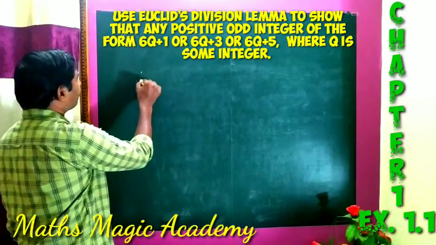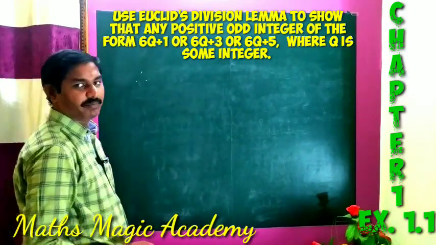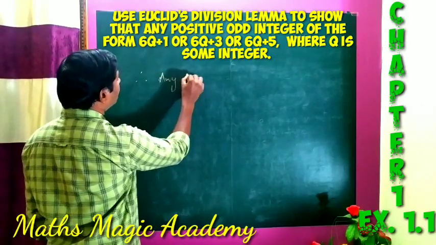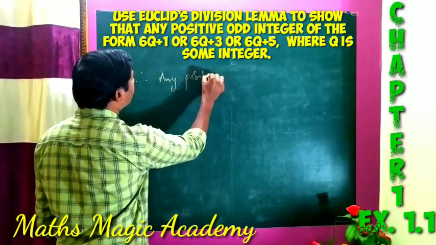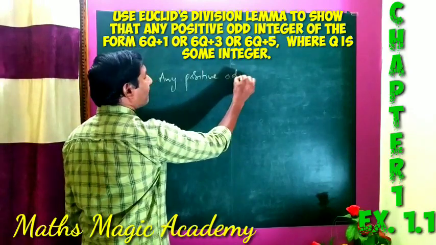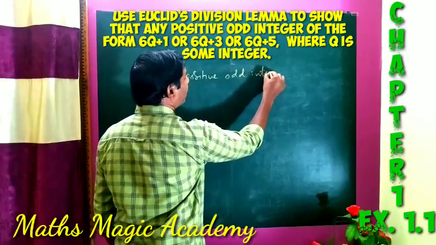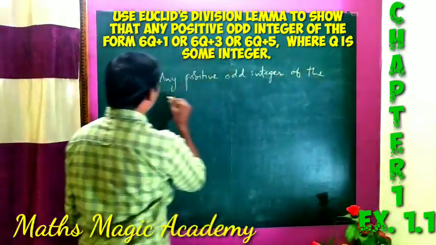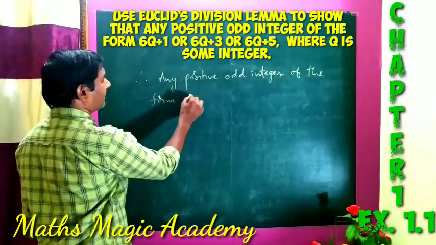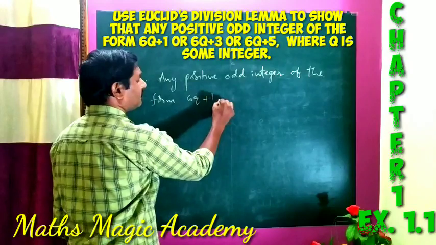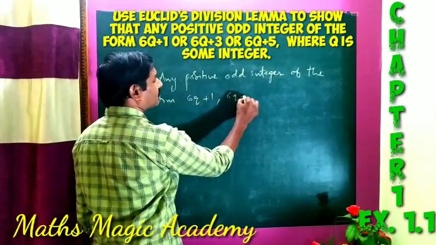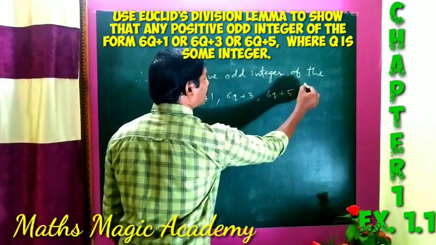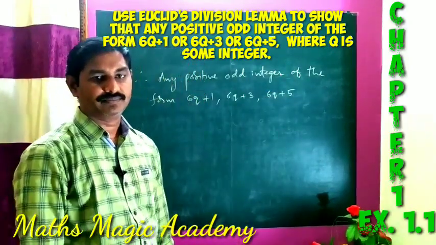Therefore, any positive odd integer is of the form 6q plus 1, 6q plus 3 or 6q plus 5. Okay.